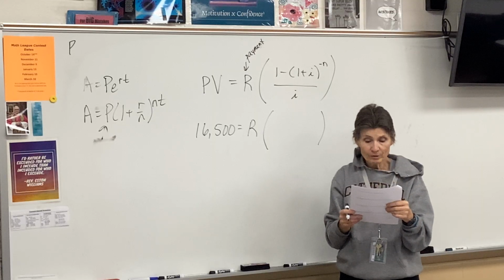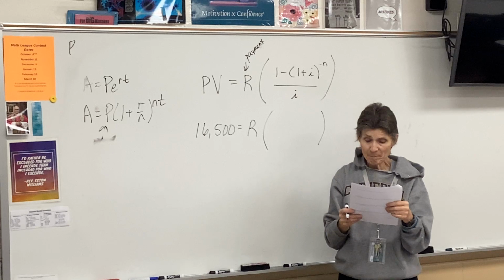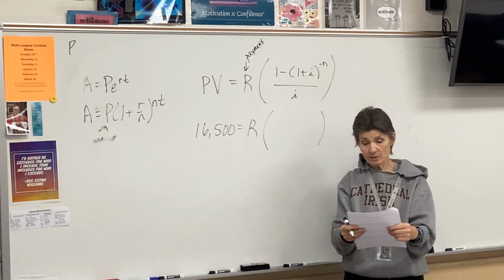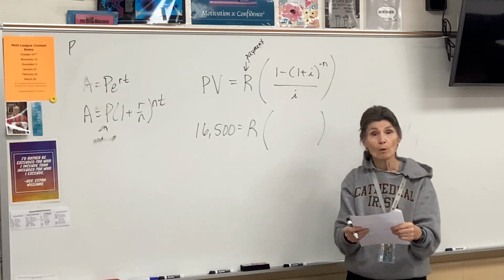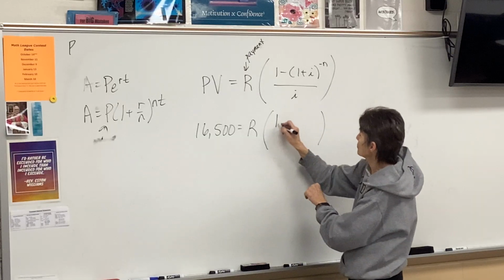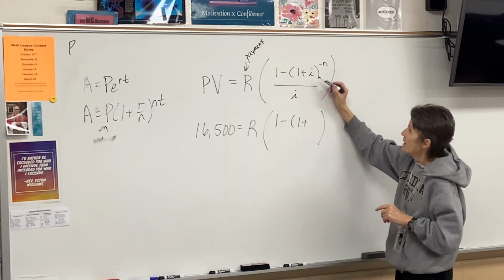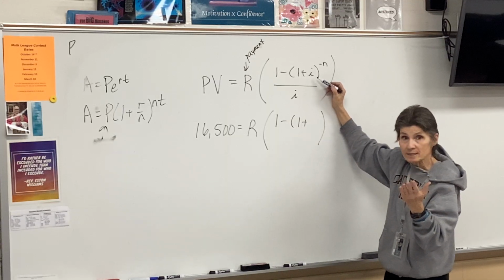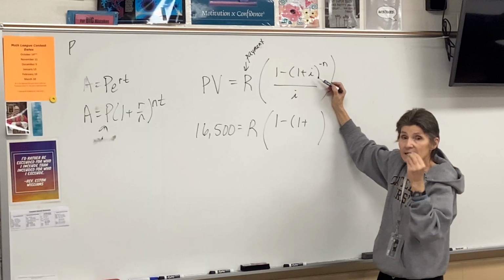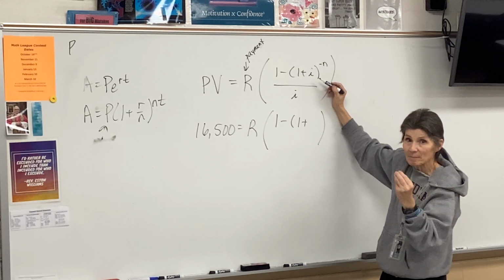It's a 4-year loan, making monthly payments, and the interest rate is 2.9%. Okay, in this formula, it's a little bit different. I is the interest, but it's the interest per month, monthly payments.